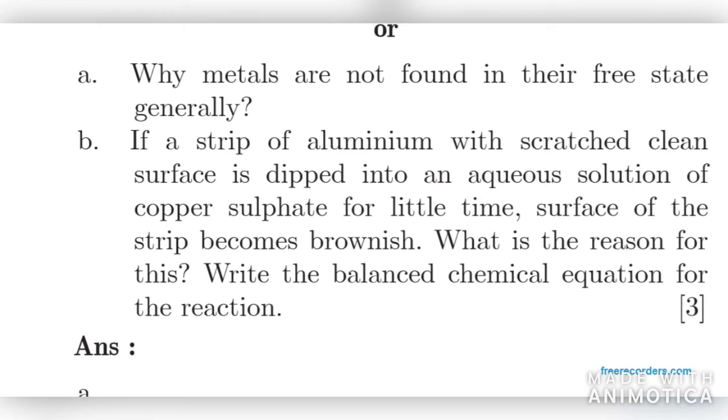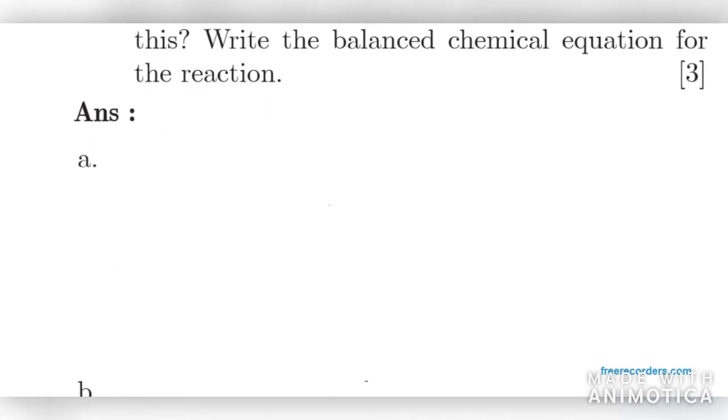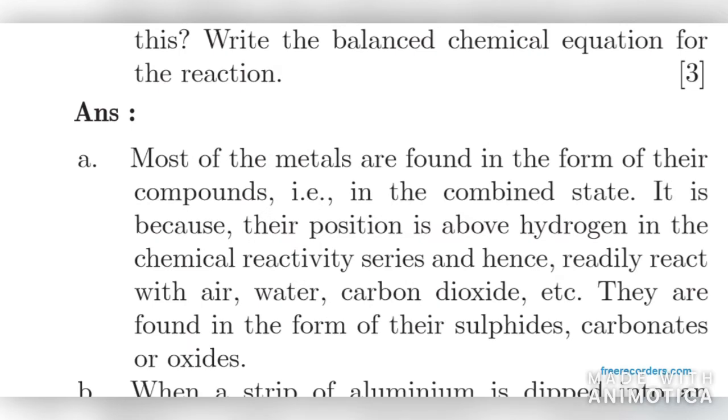When a strip of aluminium is dipped into aqueous solution of copper sulfate, it will form aluminium sulfate and copper. The copper will deposit on the surface of the aluminium strip so that it becomes brownish in color. So the answer is here for the first one and the second one.